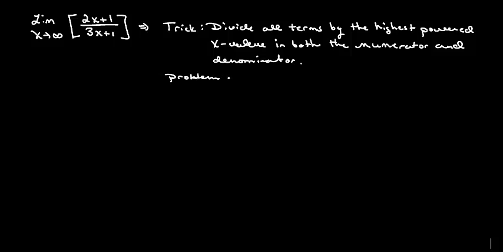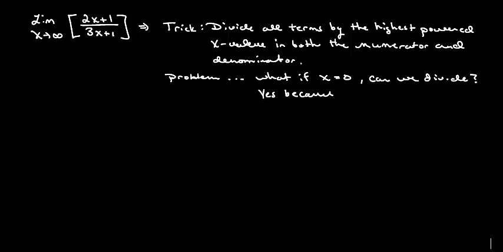Now you might ask, isn't there a problem with dividing by x? What if x is 0? Then we certainly can't divide by x. But here's the key point. As x goes towards infinity, it's not equal to 0. It's equal to some other value.